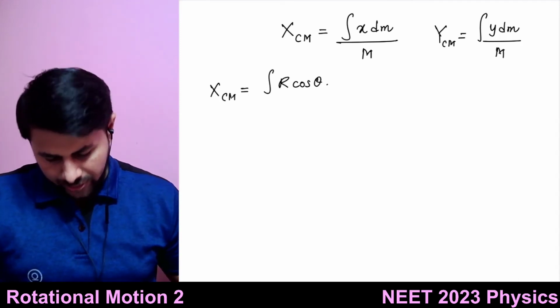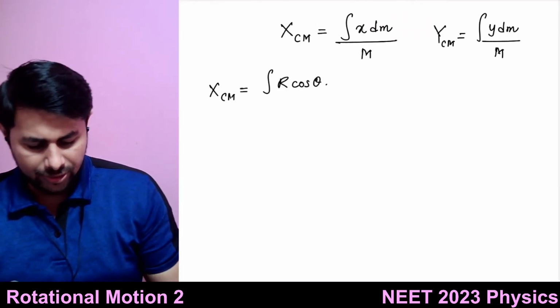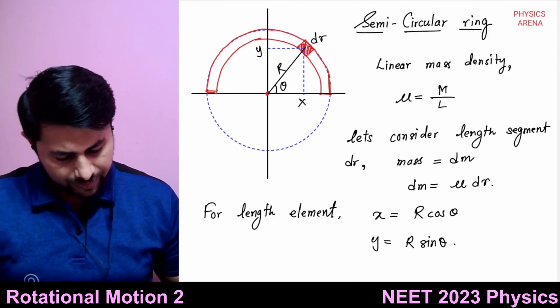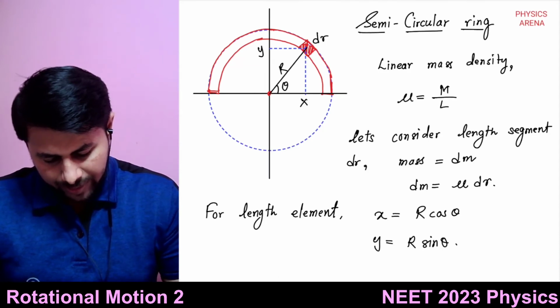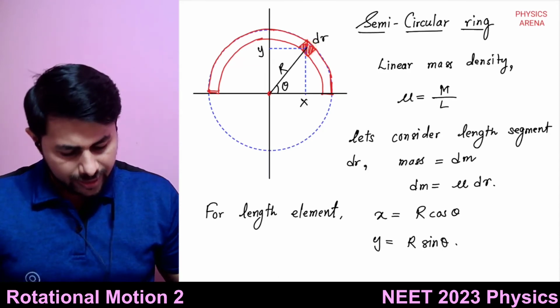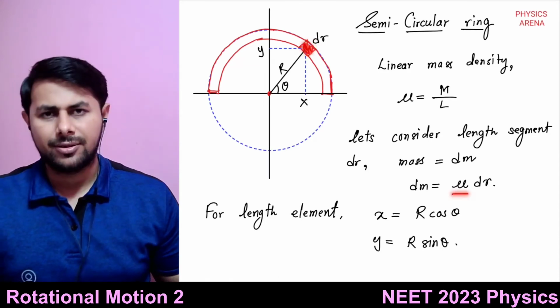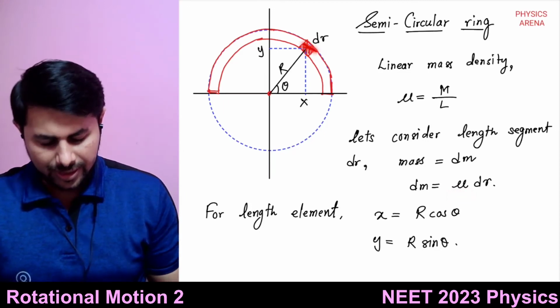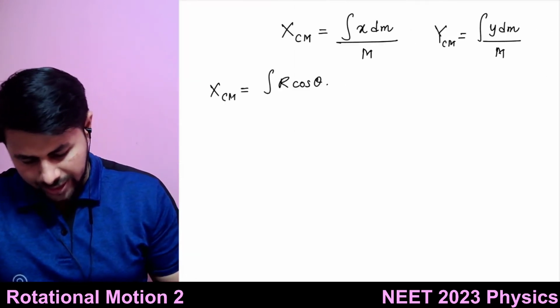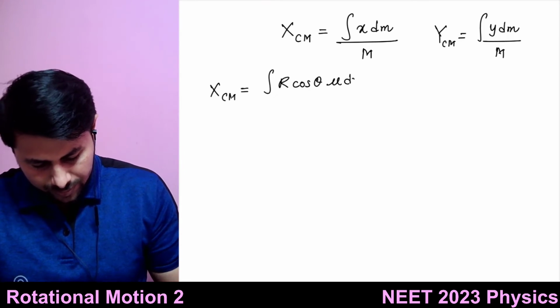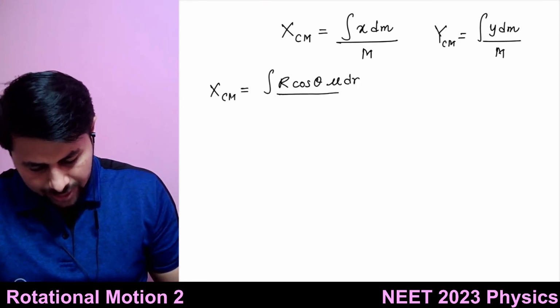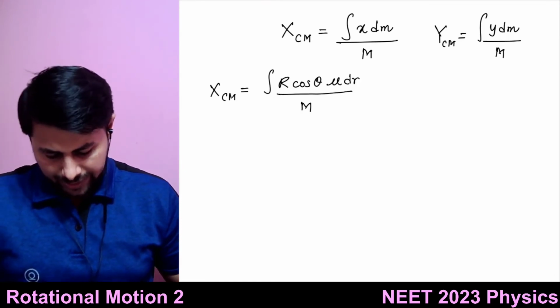And now what is dm? Dm is mu, mass per unit length, multiplied by the length of this segment. So it is mu dr, and in the denominator we have capital M.